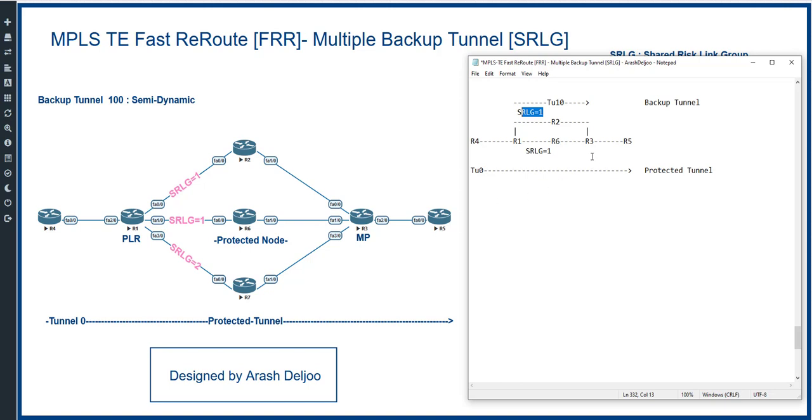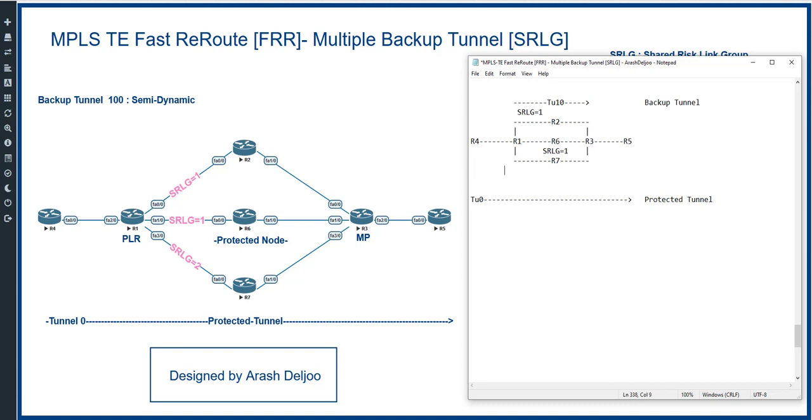For example, assume that we have another path from router 1 to router 7 and then to router 3, and we know that these paths are passing through different physical paths.